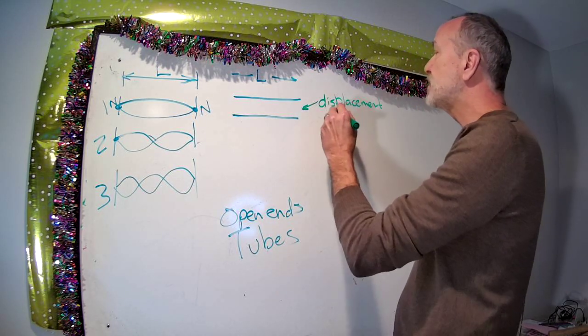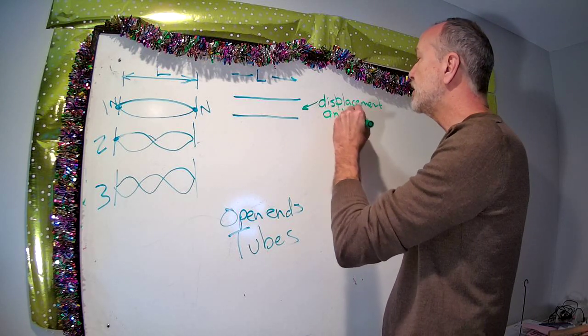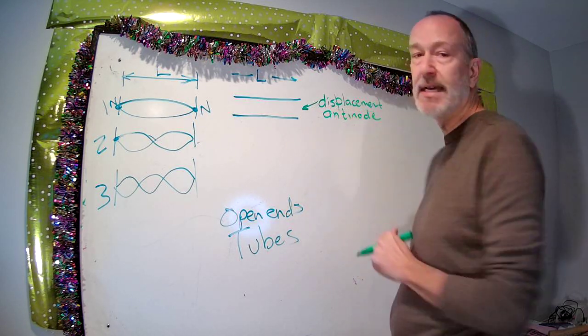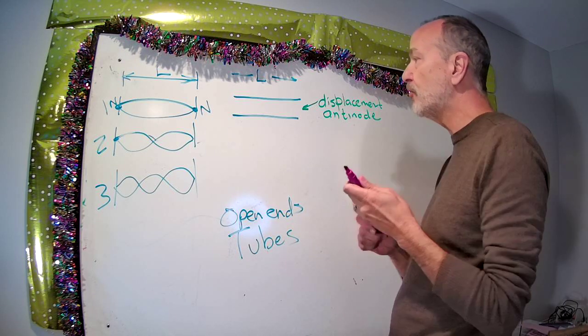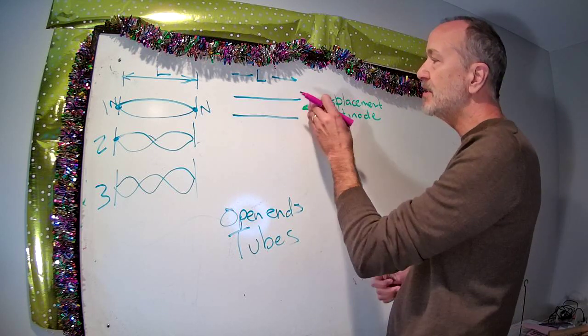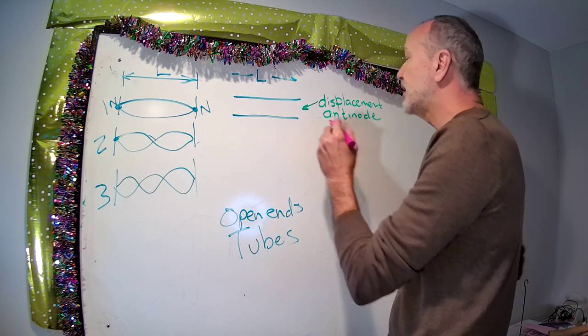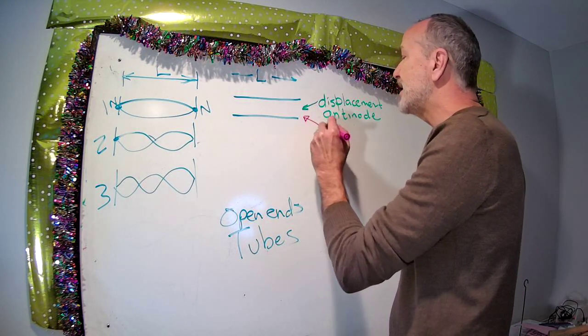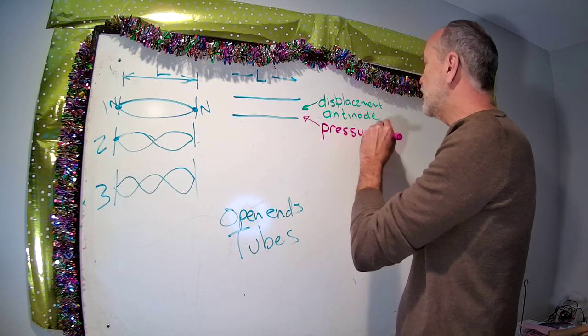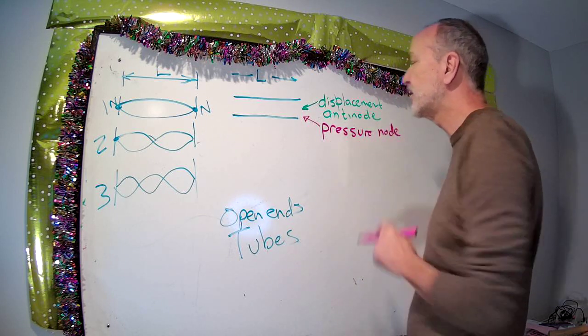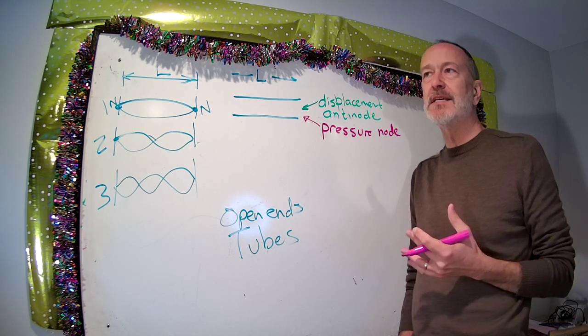So this would be a displacement antinode at each end. Or you could look at it as the pressure. And the pressure doesn't really change. It's just the atmospheric pressure outside. So you could look at it as a pressure node. Okay, it's a little harder to visualize.